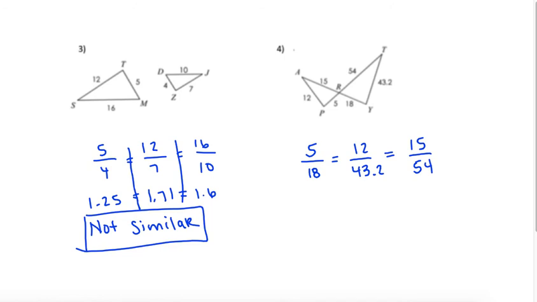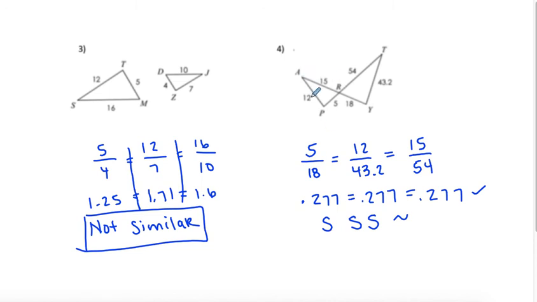So in my calculator, I'm checking the division. 5 divided by 18 is 0.2777777. 12 divided by 43.2, I have the same 0.2777777. And 15 divided by 54 is also that 0.27777, which is a true statement, telling me we do have side, side, side similarity. All the sides are proportional.